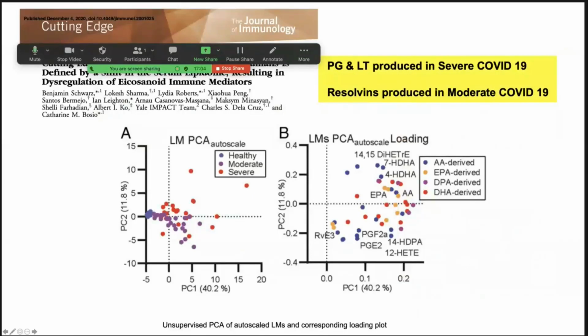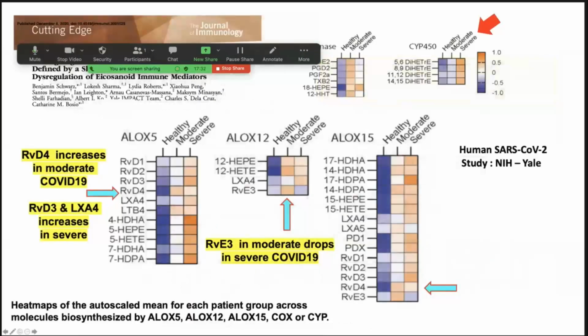This publication looks using the LC-MS-MS method, similar to the one that I outlined to you. Ben Schwartz looked at the peripheral blood of COVID patients that were severe or moderate and found that prostaglandins and leukotrienes are produced in high levels in these severe patients, whereas resolvins are produced in the moderate COVID-19.